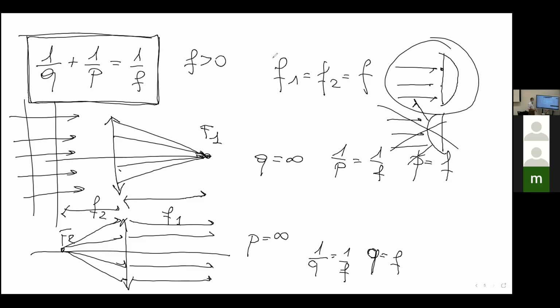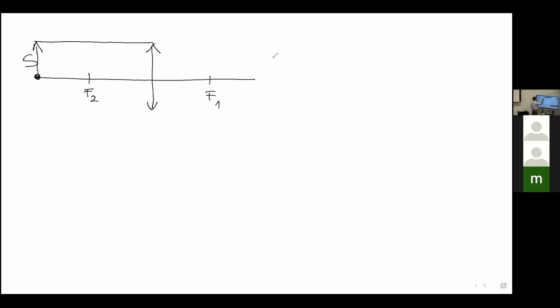Okay, and now I don't go into the details, but it is clear that if I have a positive lens with two foci, and we call them F2 and F1, if I have a point-like source here, or not point-like, you remember we use an arrow, then light coming from infinity and passing by the point of the arrow will be sent to the focus number one.